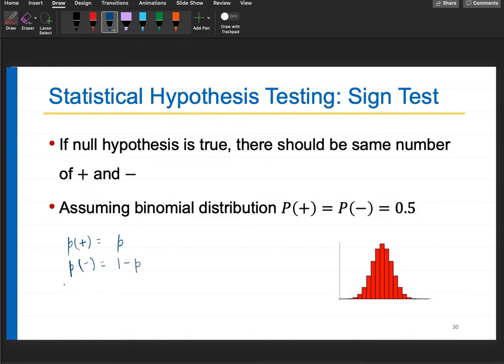Now, what is the probability of getting 2 pluses? Basically, I perform this test, let's say 5 times. What is the probability of getting 5 pluses? That means n plus is equal to 5, or let us say n plus equal to n. What is the probability of getting n plus signs?